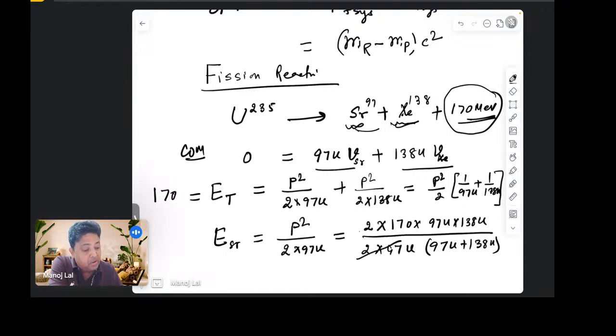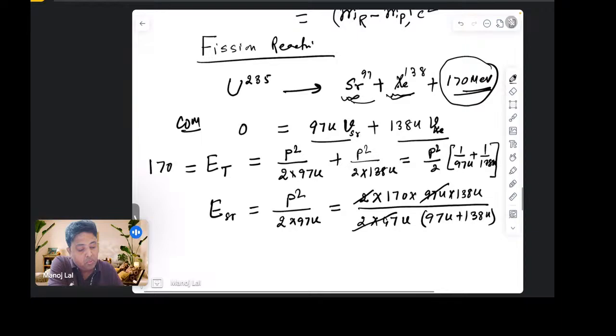So 2 into 97 u, you cut this. So the energy of strontium will be 170 into 138 u upon 97 u plus 138 u.